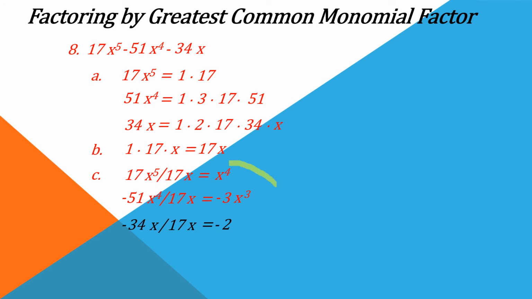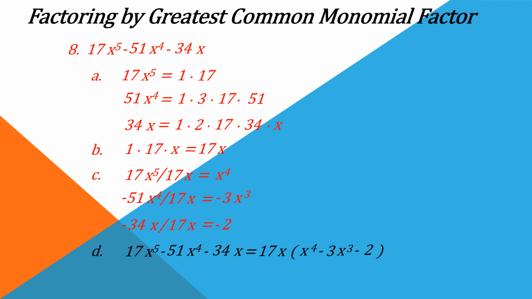Combine these three terms, x to the fourth minus 3x cubed minus 2, multiplied by 17x, and that is our final factors. 17x to the fifth minus 51x to the fourth minus 34x is equal to 17x multiplied by the quantity x to the fourth minus 3x cubed minus 2.